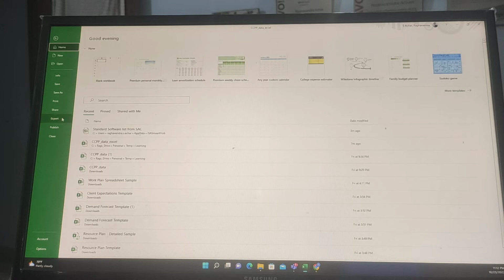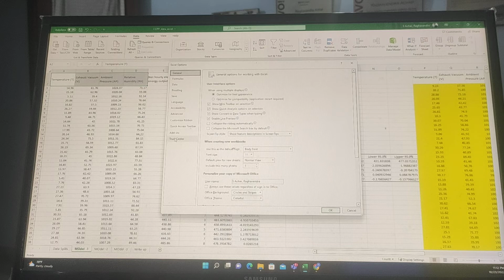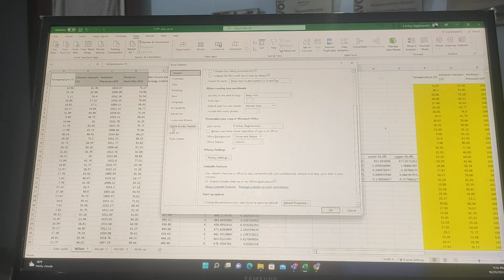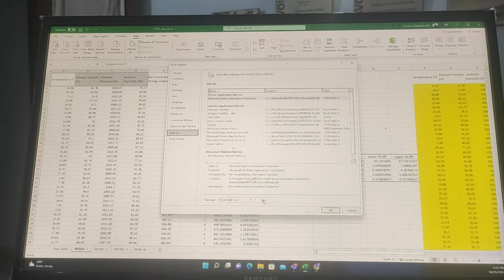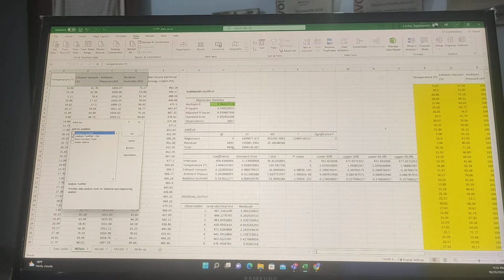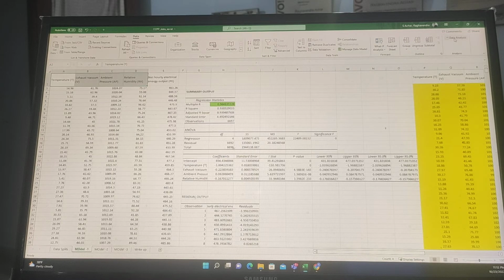I enabled the data analysis tools that are required for me to get this working. I went to the add-ins, got the data analysis enabled, and then I did a data analysis.